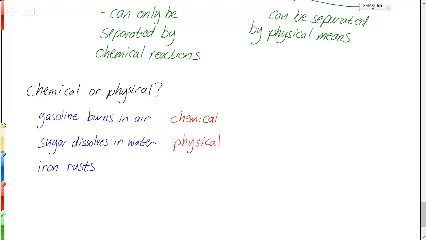Why? Because the iron itself is being changed. Yeah, does everybody see how that might work? Iron is like shiny metal that you can bend, you can dent. And then iron oxide, which is rust, is very different. It's red, it's brittle, it cracks apart, all that stuff. So that's evidence that you've really changed it. And so that's a chemical change.